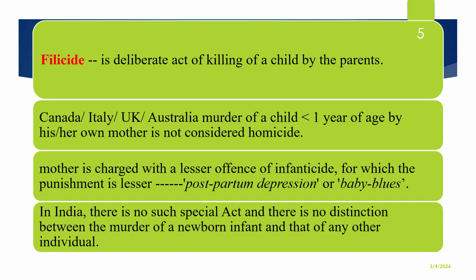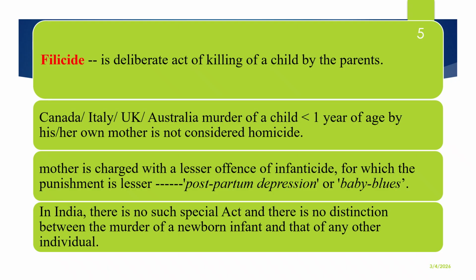Now we have yet another term, that is filicide. What is filicide? It is the deliberate act of killing of a child by parents. In other countries like Canada, UK, Australia, Italy, the murder of a child less than 1 year of age by his own mother is not considered homicide, and she is charged with the lesser offense of infanticide, for which the punishment is lesser, considering conditions like postpartum depression or baby blues.